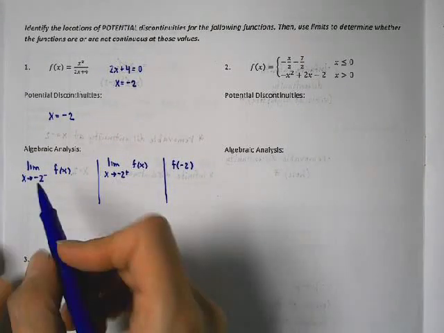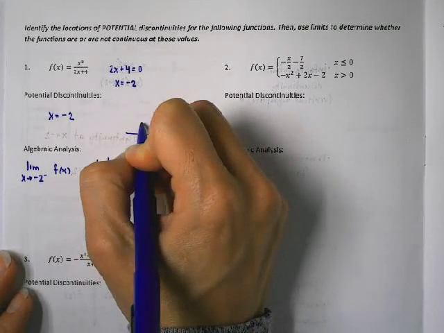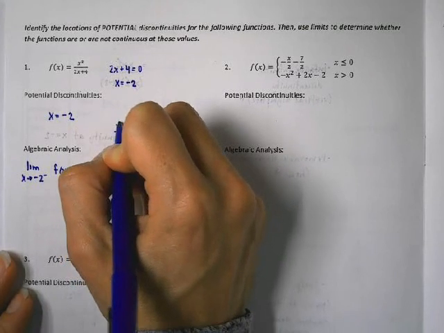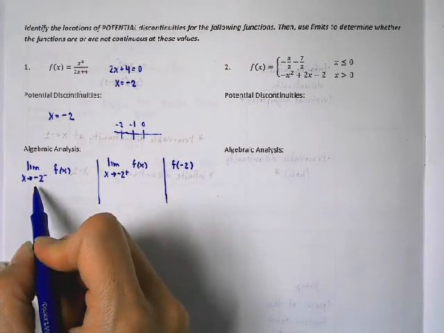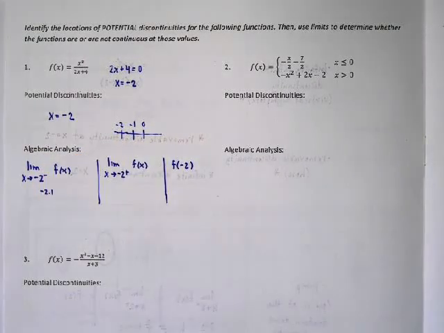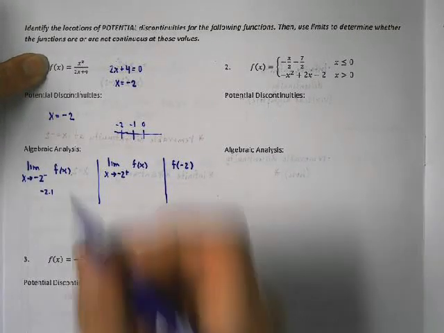For negative 2 from the left, if we think about a number line, here's 0 and negative 1 and negative 2. Something smaller than negative 2 might look like negative 2.1. So I'm going to think about what would happen if I plugged in negative 2.1 into my function.